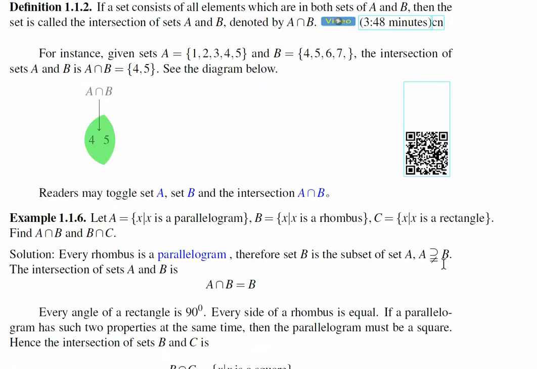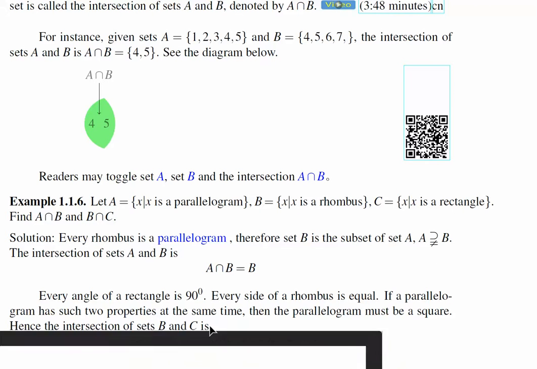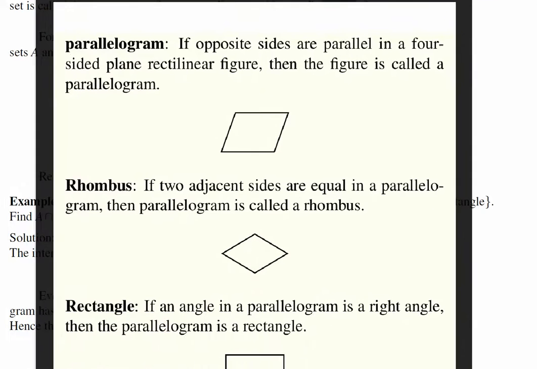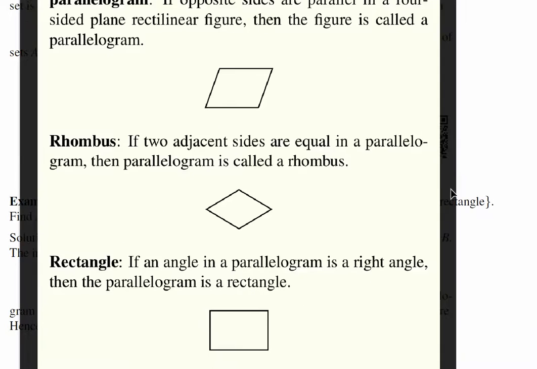Rectangle requires what? It requires every angle is 90 degrees. You see right here, let me move this a little bit higher. This is a rhombus, so parallel and four sides are equal.